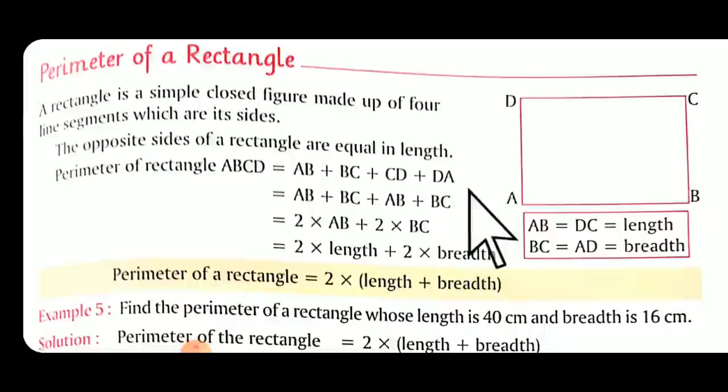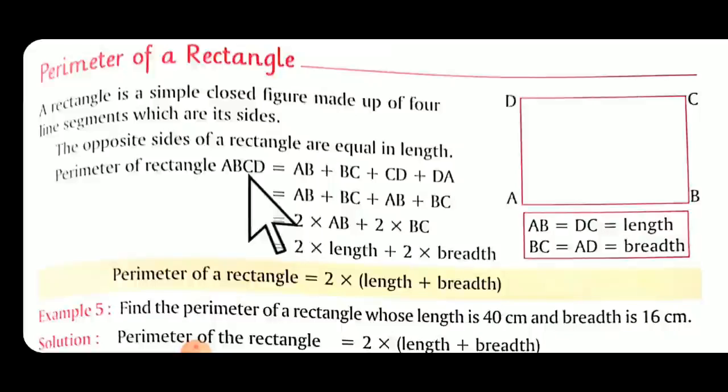Next one is perimeter of a rectangle. What is a rectangle? It is a simple closed figure made up of 4 lines. Here we have 4 lines, but the opposite sides are equal in length. The opposite sides of a rectangle are equal in length.